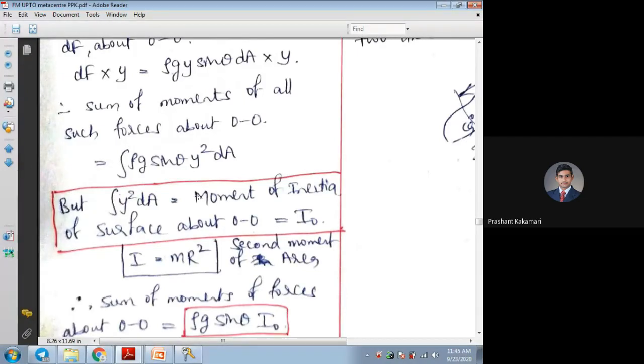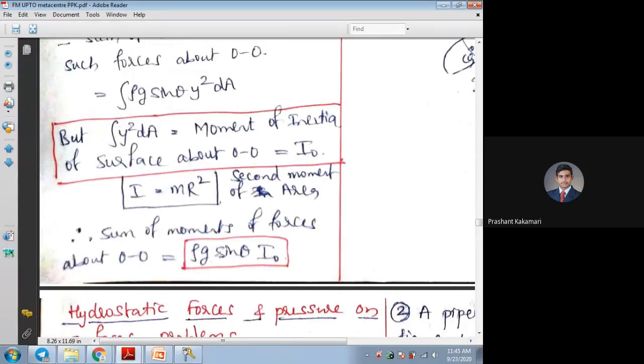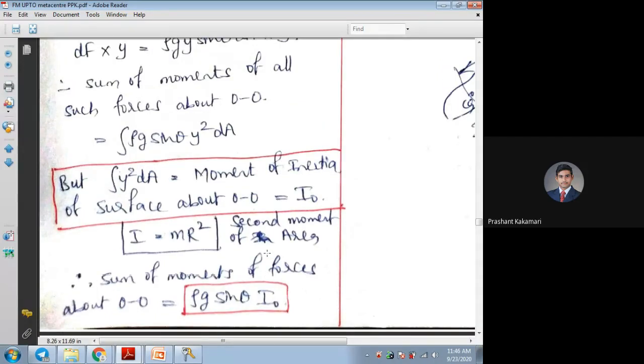So after replacing this y square dA with I naught, I can write it as rho g sin theta I naught. So I can write dF into y equal to the integration of rho g sin theta I naught. Sorry, the integration of y square dA, they have written as moment of inertia or second moment of area.